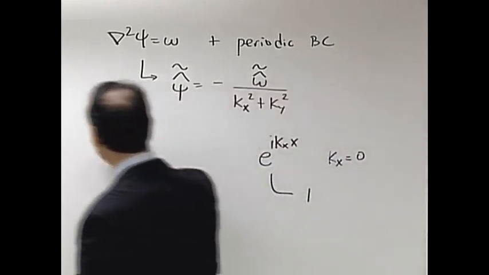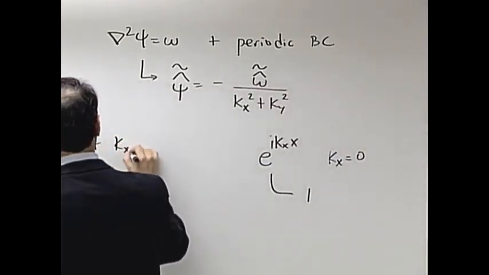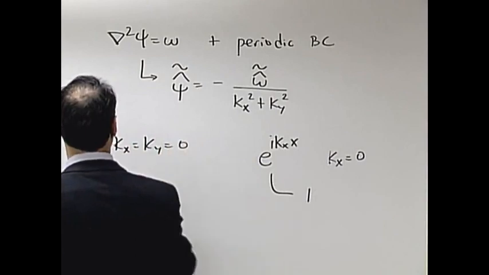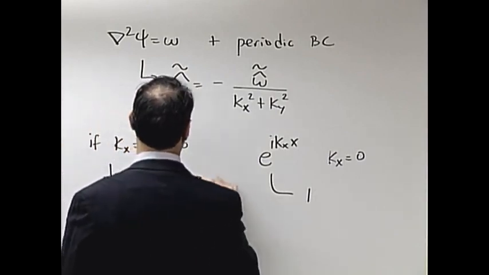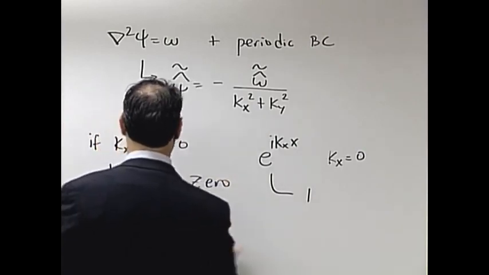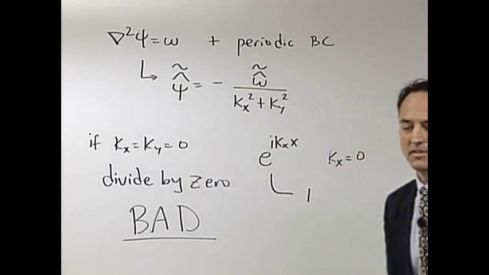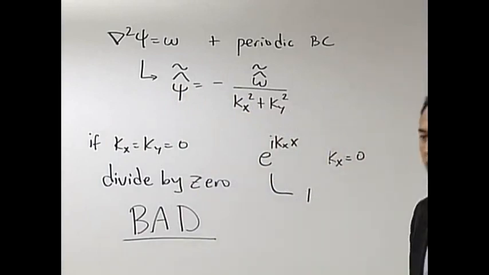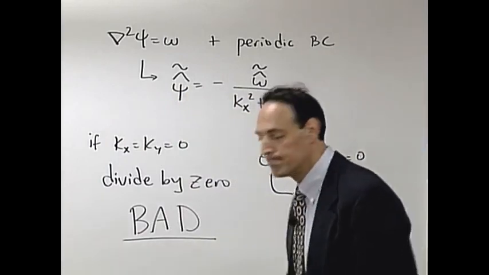If kx and ky are 0, you have the divide by 0. And the summary of that is that it is bad. Frowned upon by many.